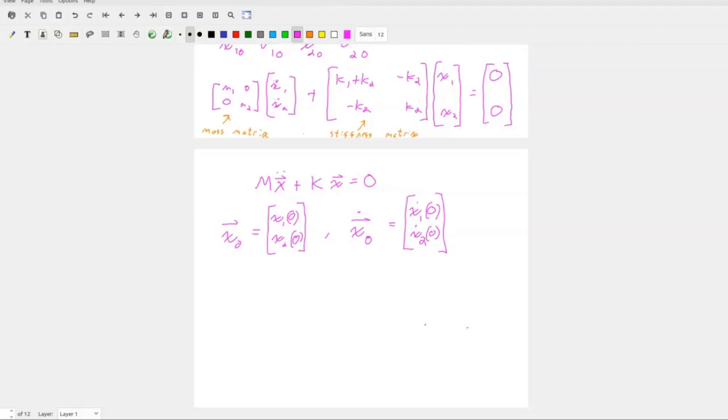Let's assume the solution that x vector of t is equal to u e to the j omega t.